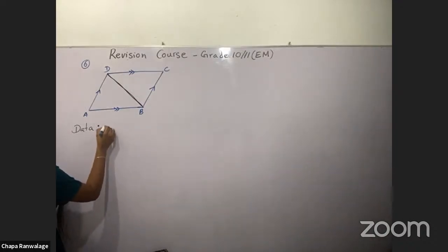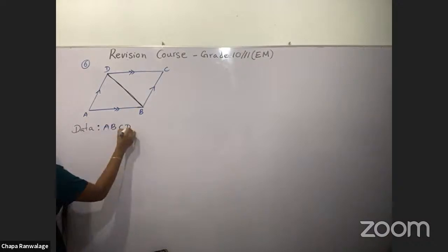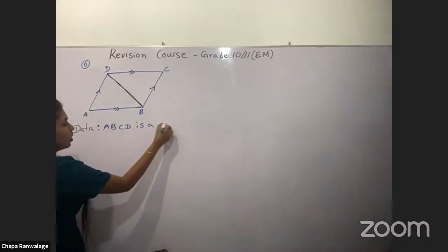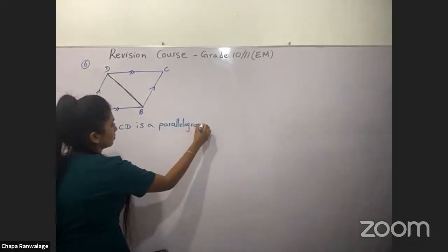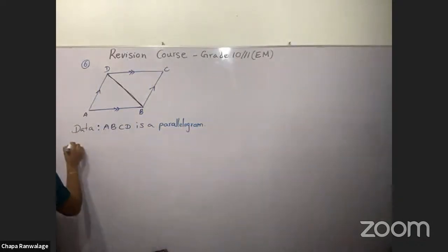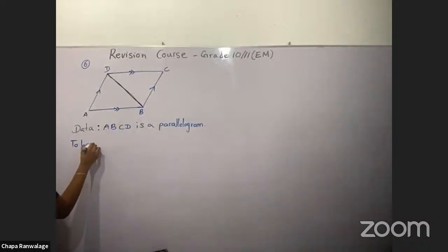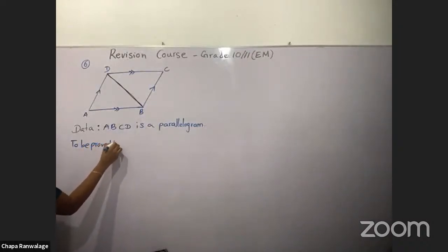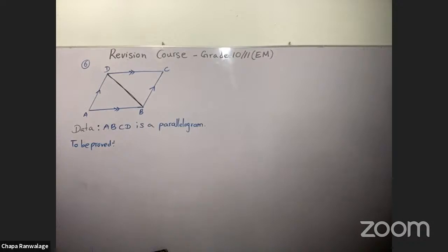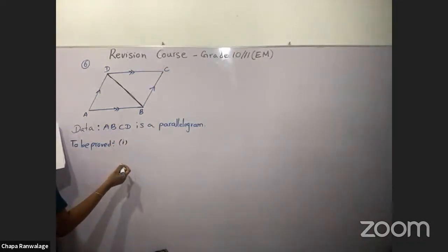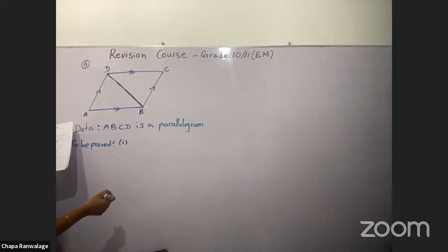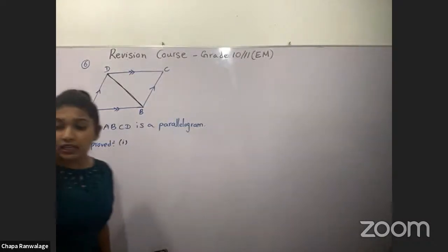Data: here you can say ABCD is a parallelogram. And then, to be proved. What do we have to prove here? You have to prove that the opposite sides of a parallelogram are equal.